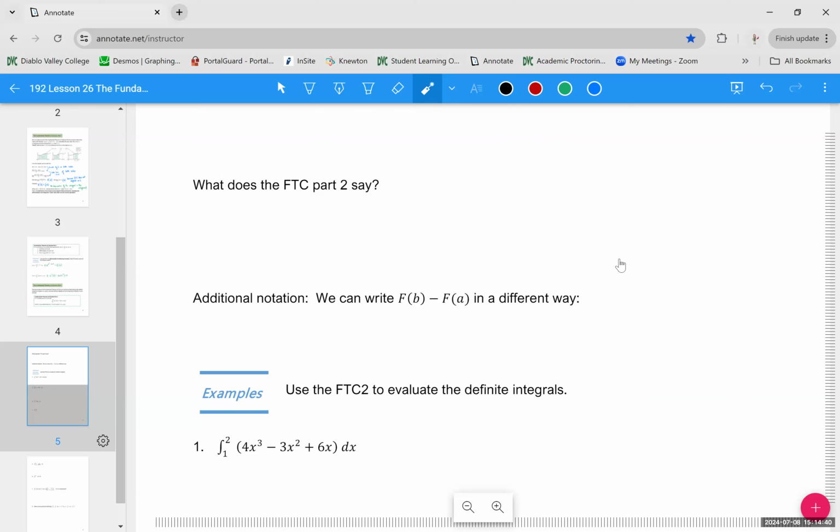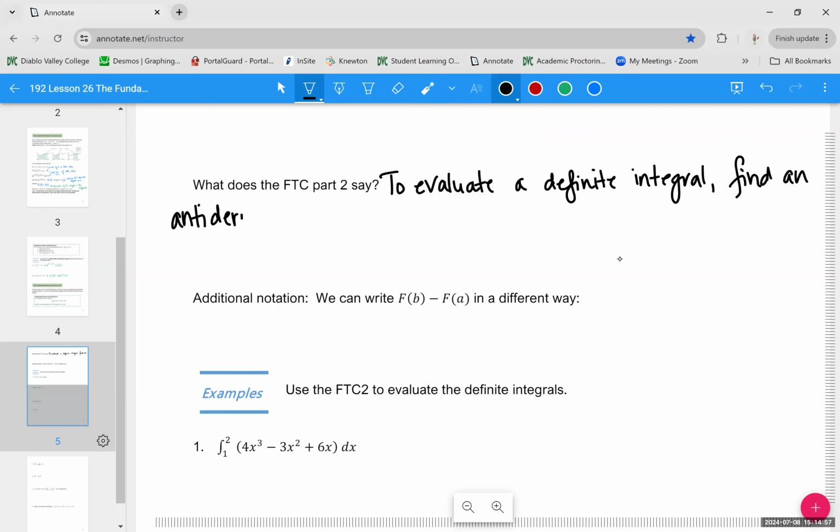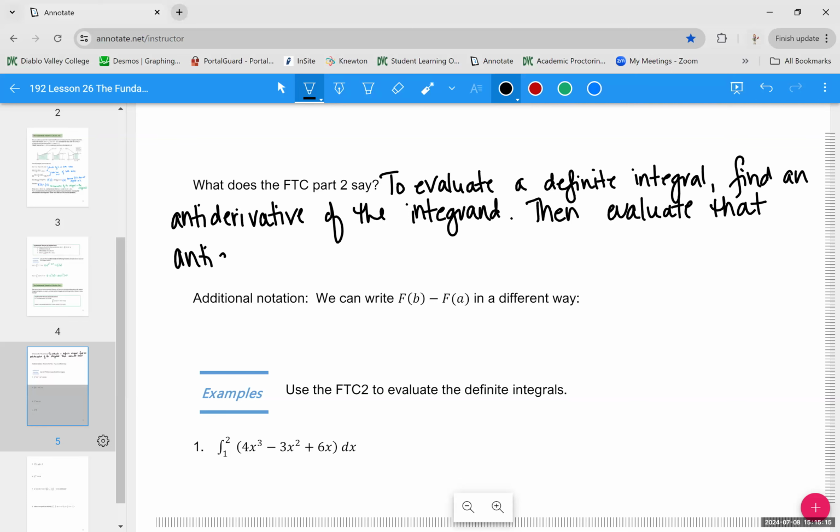So let's just write that down in words, right? To evaluate a definite integral, find an antiderivative of the integrand, then evaluate that antiderivative at the limits of integration and subtract.